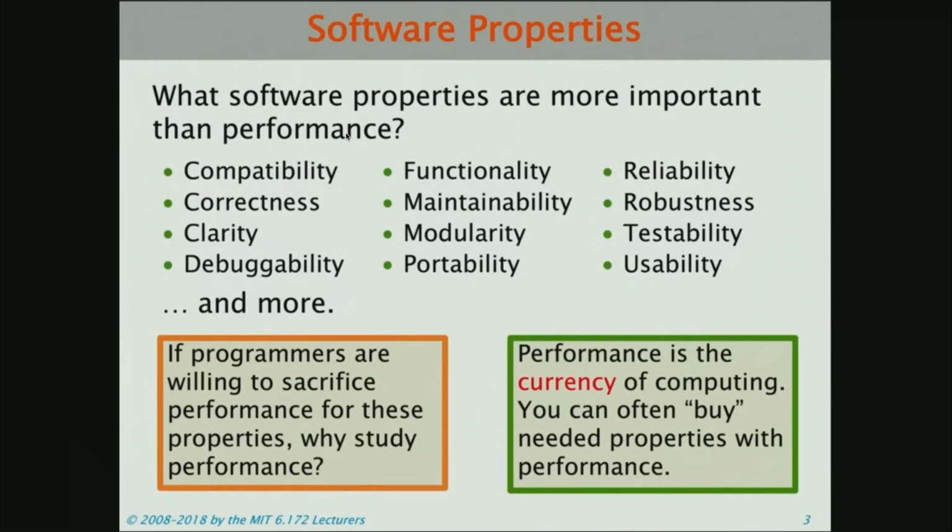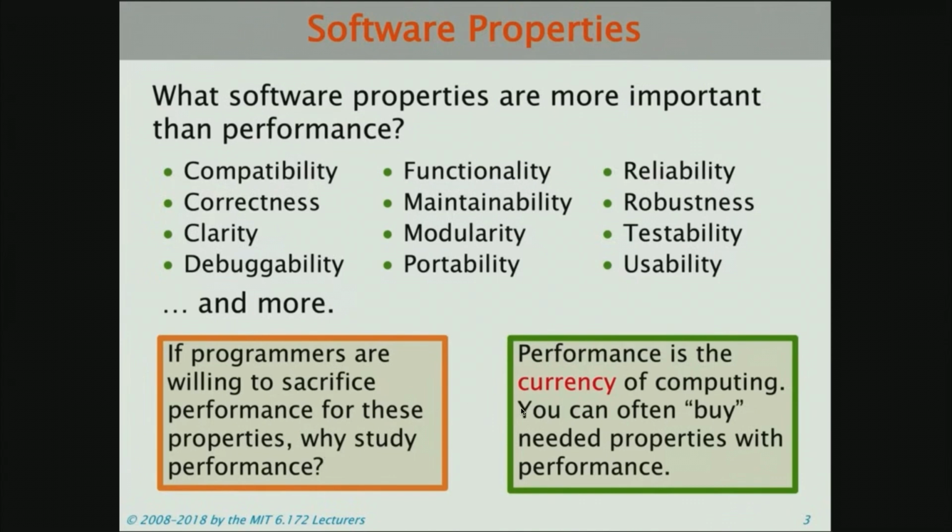In software, you probably want correctness, debuggability, testability, usability. So you have a lot of functionalities, and we often neglect performance. If programmers are willing to sacrifice performance for these properties, why study performance?